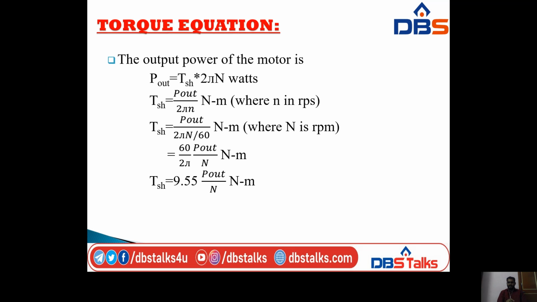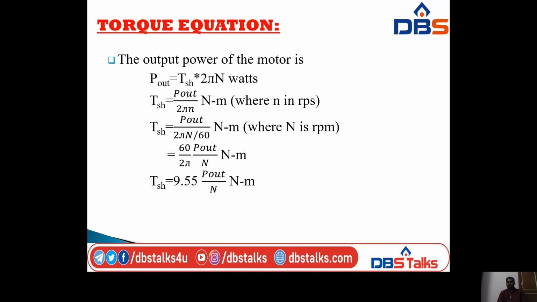Here small n is in RPS, that is revolutions per second. So τsh is equal to Pout by 2πN by 60. Here I am taking N in RPM, that is revolutions per minute. That's why I am taking N by 60 in place of small n. So Pout by 2πN by 60 Newton meter, that is equal to 60 by 2π into Pout by N Newton meter.